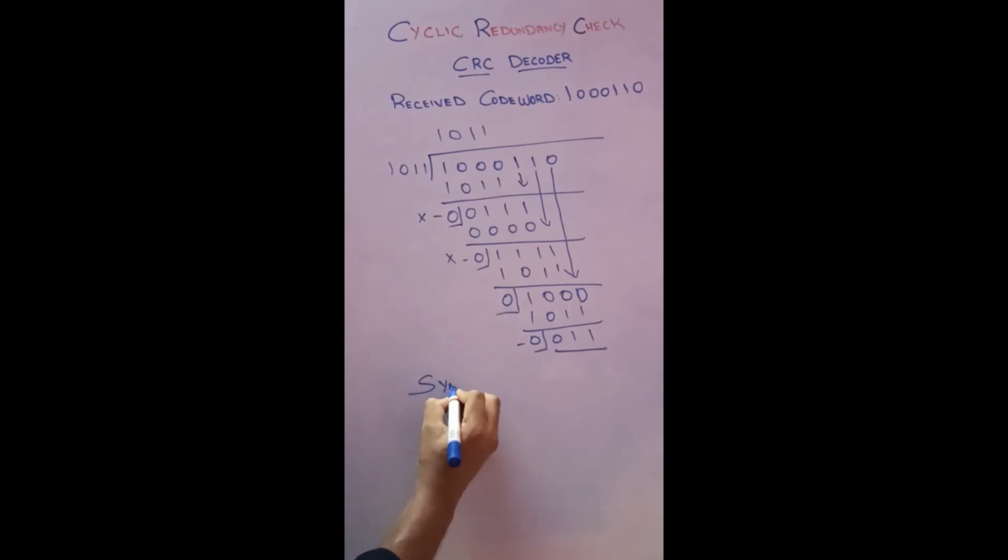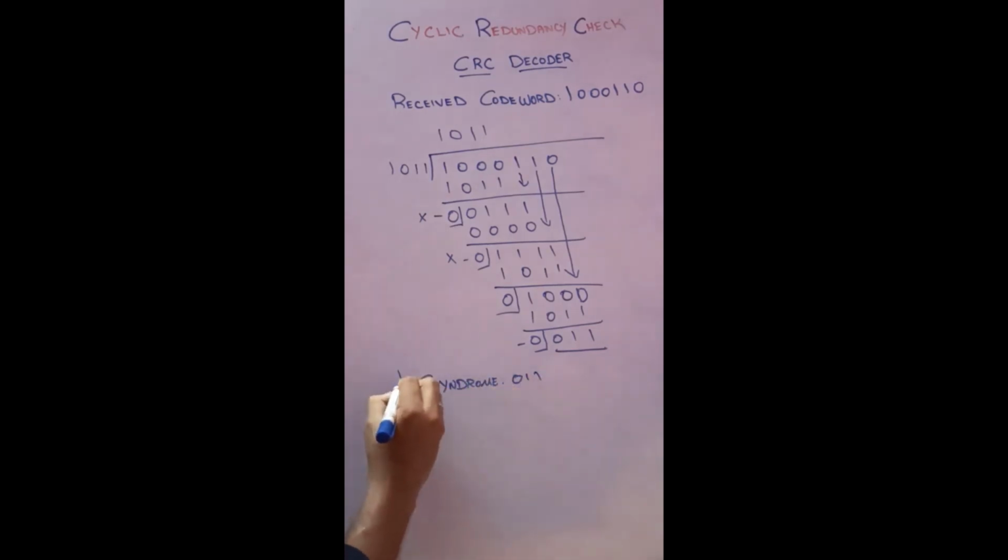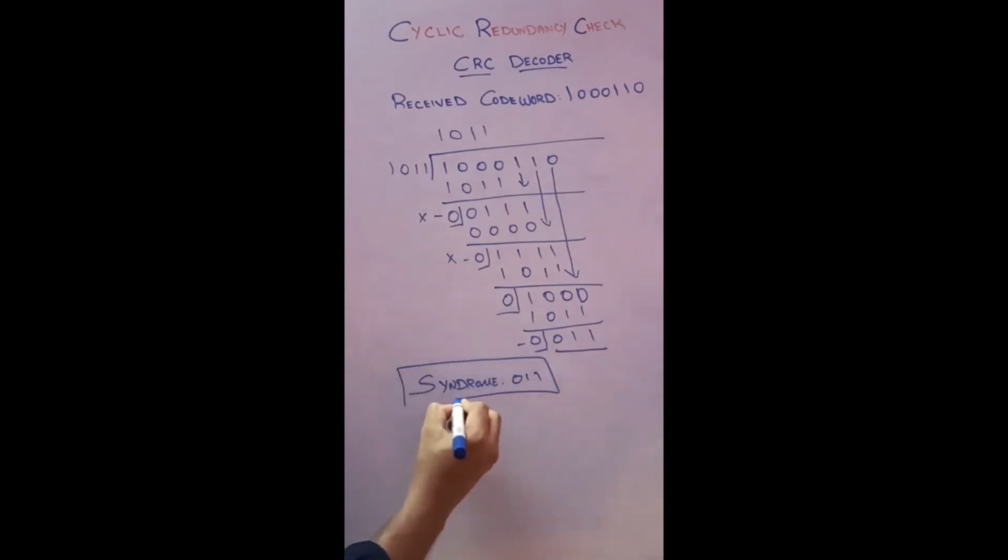So the syndrome of the CRC decoding process has some value, that is 0, 1, 1. Only when the syndrome has a value of 0, 0, 0 does it mean there is no error in the received code word.